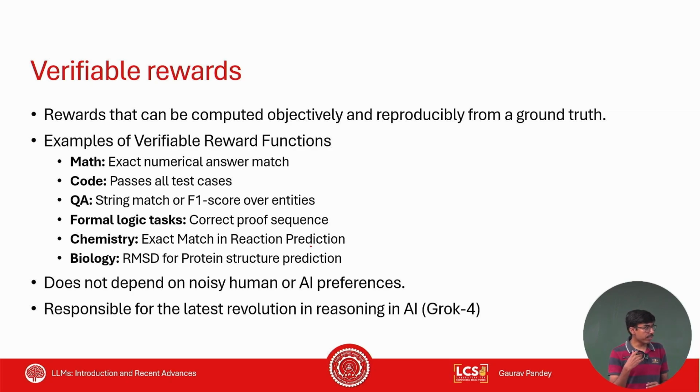In maths, exact numerical answer match is a good signal for training, and all the works, including Grok, ChatGPT, and whatever models anybody is training for maths, use exact numerical answer match to do reinforcement learning for maths.